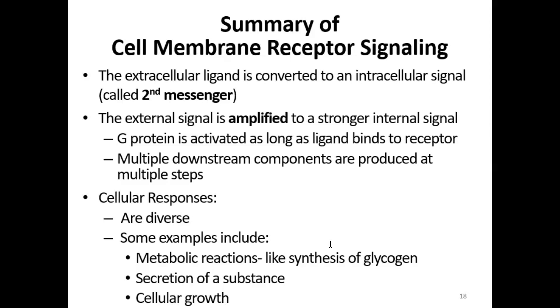This happens by a G protein being activated as long as a ligand is bound to the receptor, and multiple downstream components are produced at many steps. The cellular responses will be very diverse. Some examples include metabolic reactions like the synthesis of glycogen, maybe secretion of a substance, or even cellular growth.